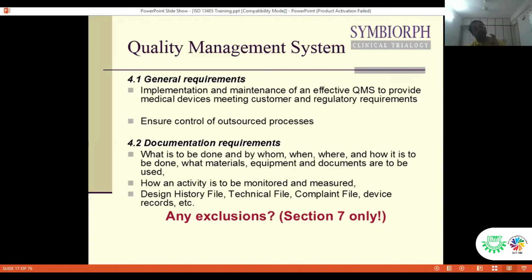One of the major documents which you have to prepare is the risk-based approach of the quality management system, which I talked about earlier also. You have to define all the processes, and accordingly you have to carry out the risk-based approach.